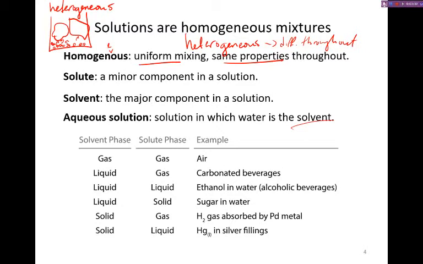That's not done so much anymore, but that's an example of one that used to be more common. And then finally, steel alloys are an example of solids mixed with solids. So you can get iron and carbon that are mixed together, both of them being solid, and that's going to get you a steel alloy. And alloys are examples of solutions.